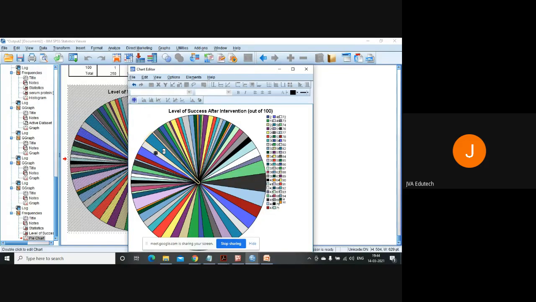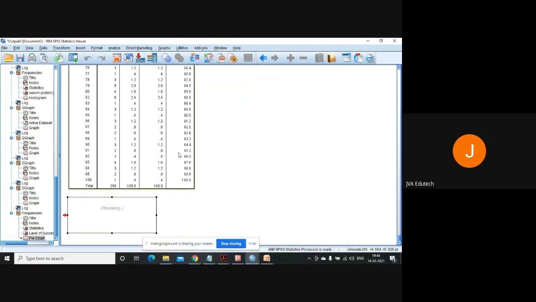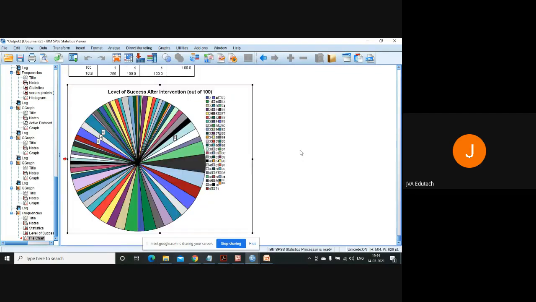It shows 5, sorry, 6 is shown, 4, like this. So like this you can label also, showing what the frequency is. The moment you close it, it will be reprinted over here. By this you can create the pie chart and label your graph.